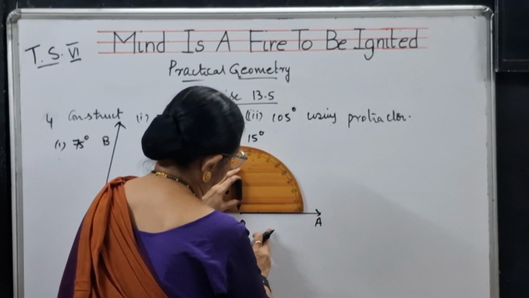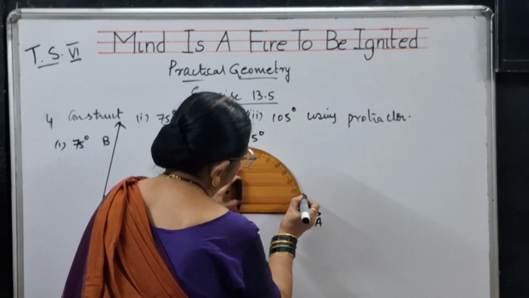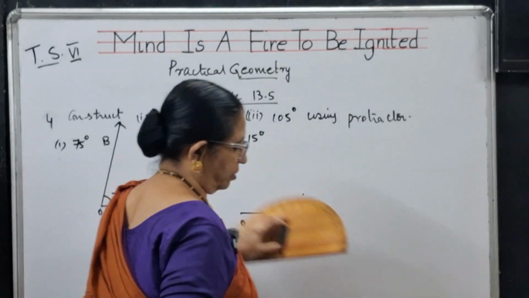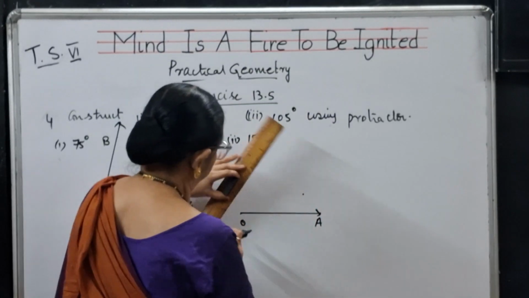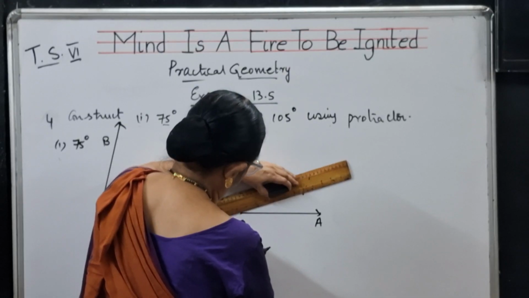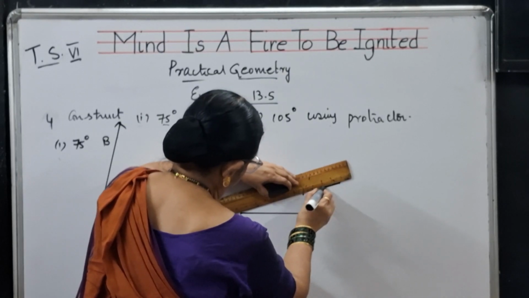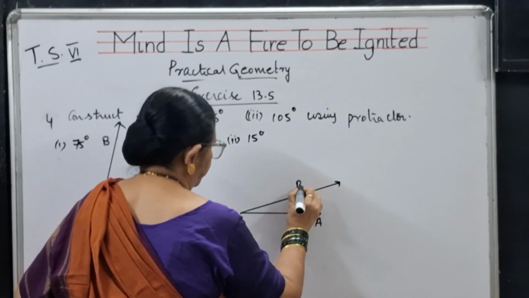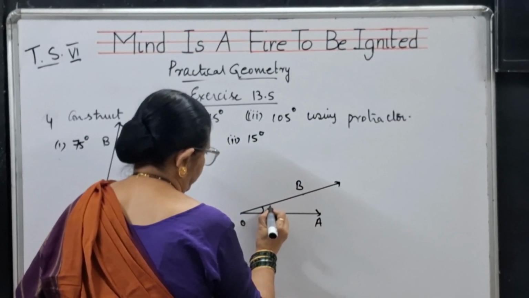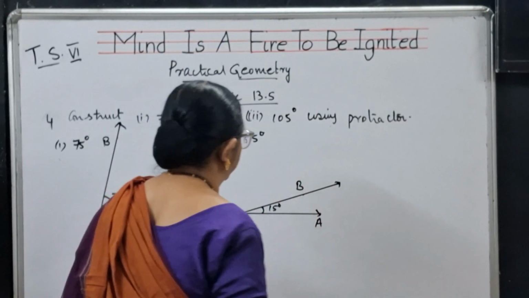If I keep it like this, this is 0, this is 10, this is 15. So this is angle BOA, 15 degrees.